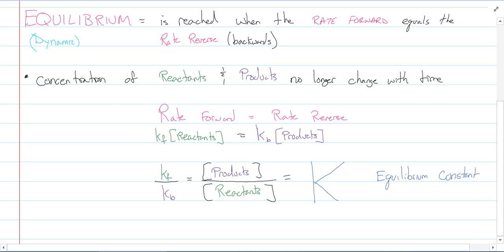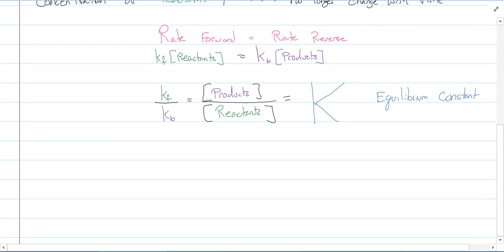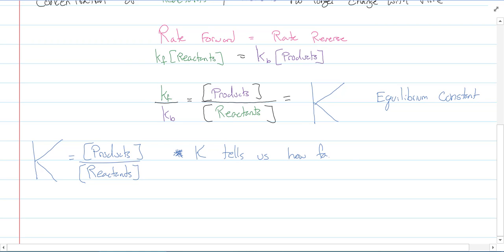So K is equal to the concentration of products over the reactants. And it tells us, this is very important, K tells us how far a reaction proceeds.